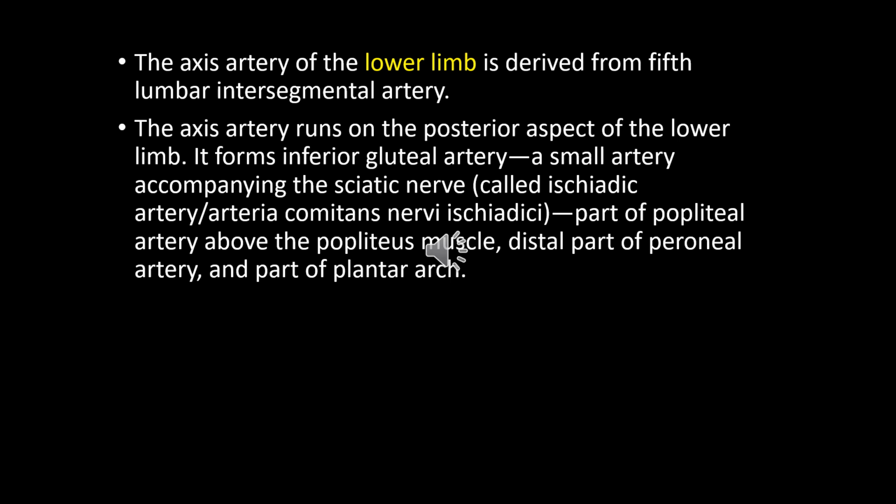Please remember, most probably because of the rotation of the lower limb in an opposite direction to that of the upper limb, the axis artery will be on the back, that is in the gluteal region, popliteal fossa, and the back of the leg, where we find the peroneal artery. So it comes from L5. The femoral artery has been derived from the main trunk, but it is not the axis artery.